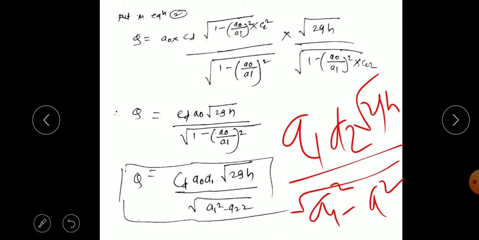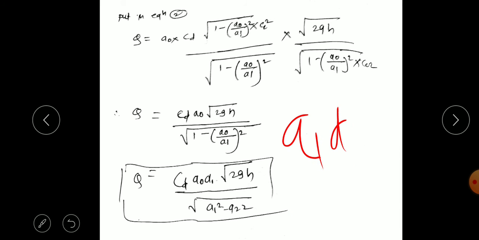So here, instead of A2, A0, the area of the orifice, is taken. So the discharge formula is similar to the venturimeter, Cd A0 A1 under root of 2gh upon under root of A1 square minus A0 square. So from this we can determine the discharge through the orifice meter.